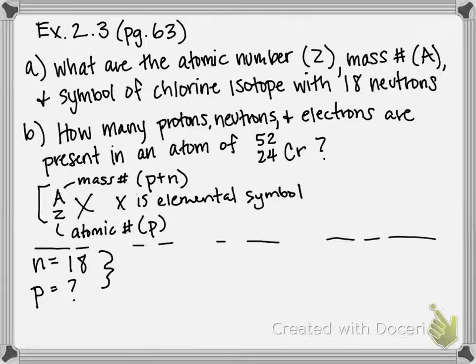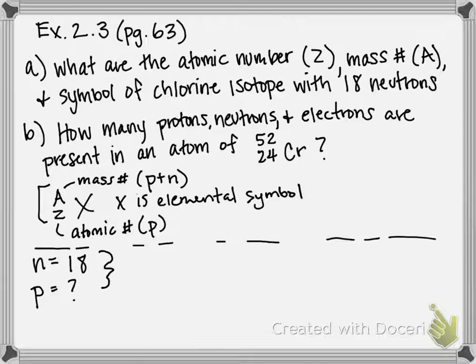The easiest way to figure out our number of protons, our atomic number, is to look at the periodic table. We know we're dealing with chlorine. On a periodic table, the atomic number for the element is typically written in the top right-hand corner or above the element. Hopefully you have a periodic table handy.